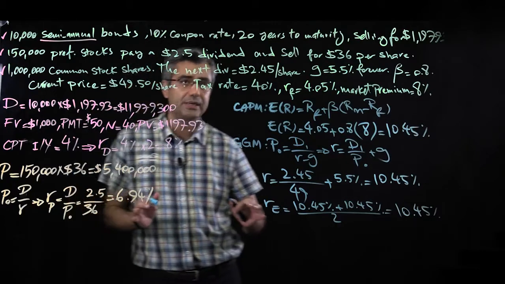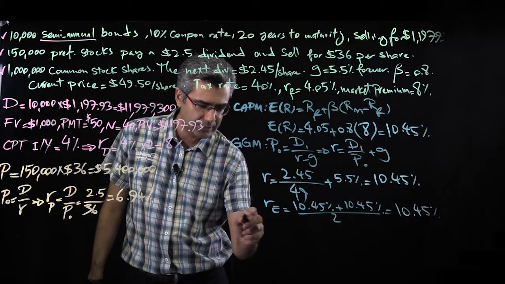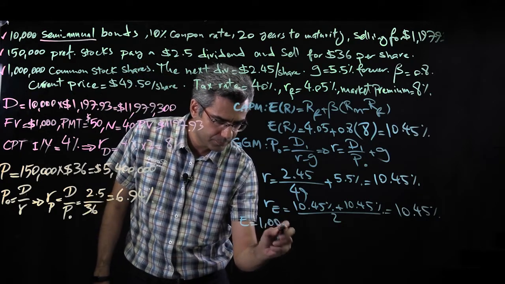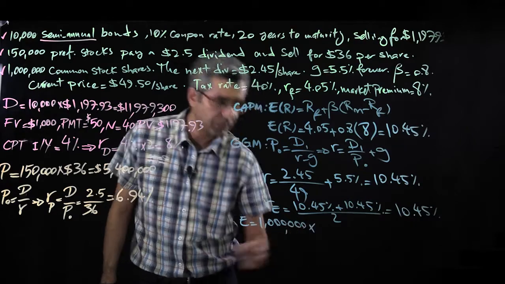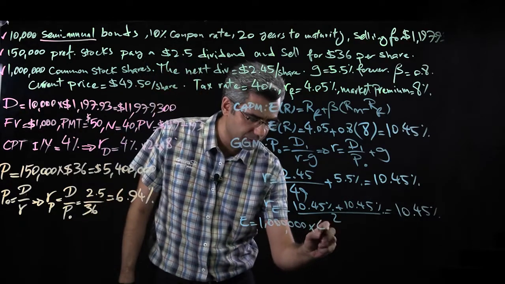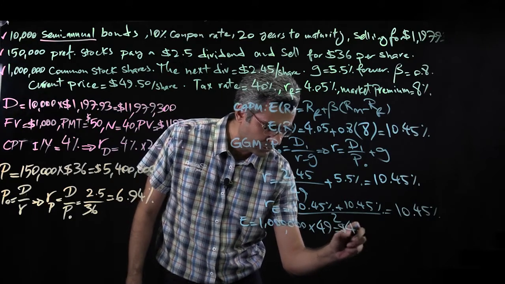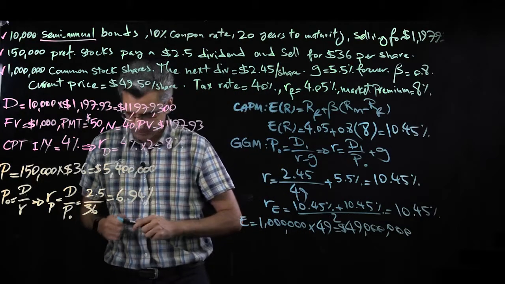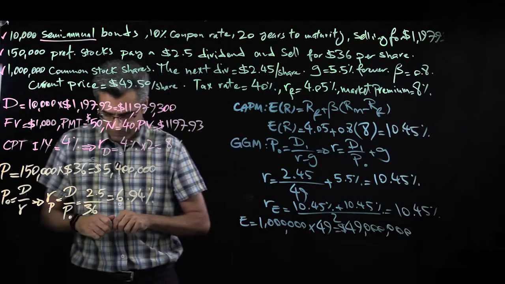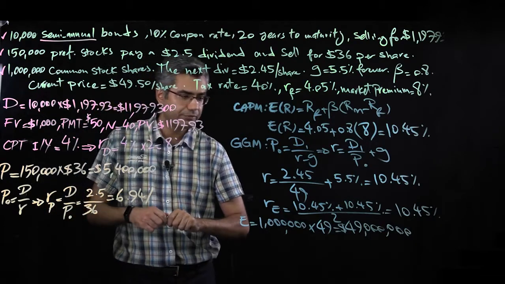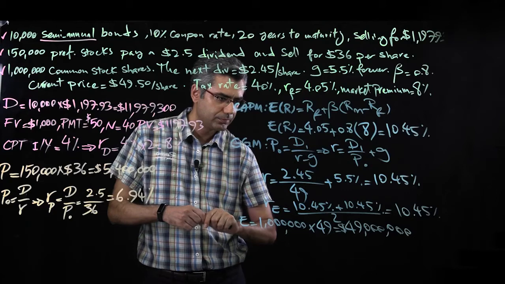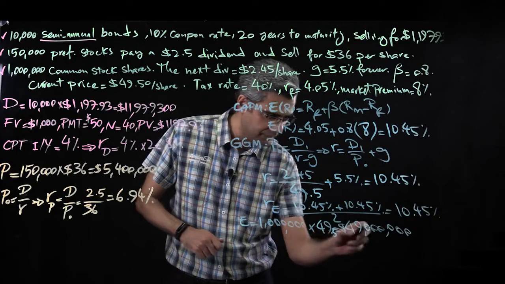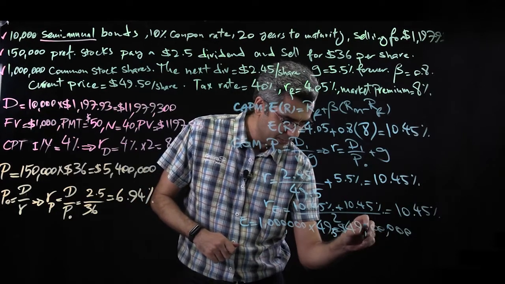Oh, we forgot to compute the size of equity. The size of equity, E, is 1 million shares multiplied by price, and the price is $49.5, so it's $49.5 million.